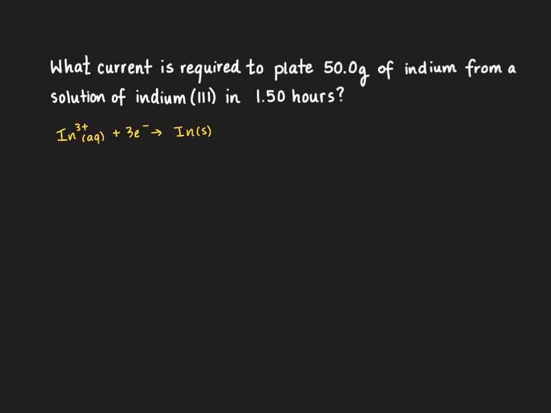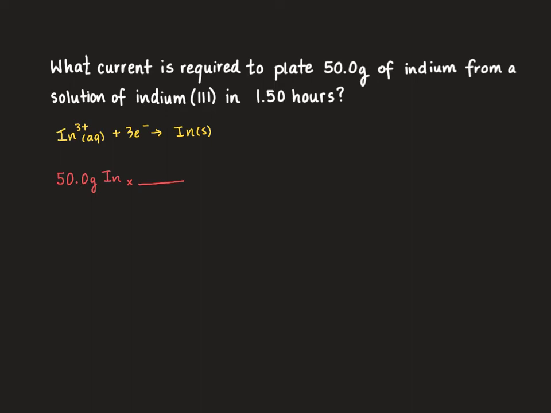So we're going to start with that 50 grams of indium. We always want to work with moles when we're doing any sort of stoichiometry problem. So we're going to then take 50 grams of indium, and we're going to divide that by the molar mass of indium.